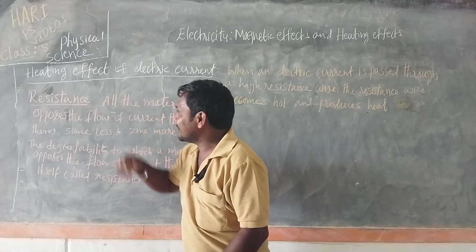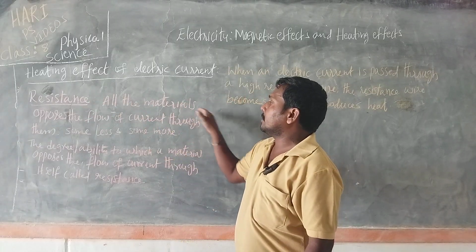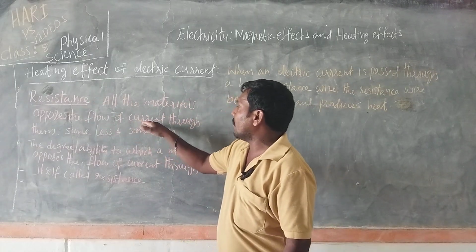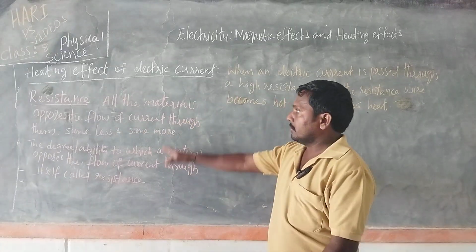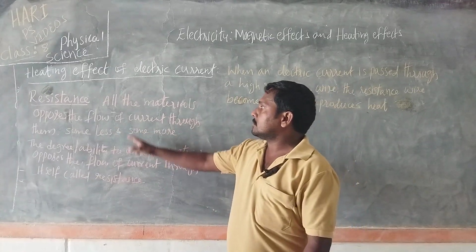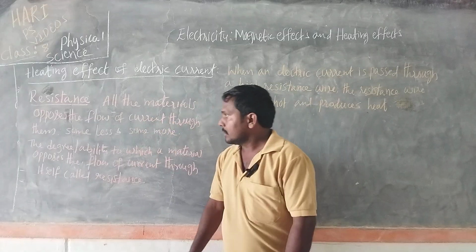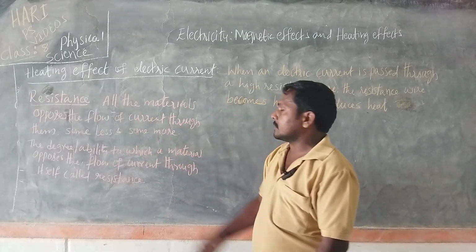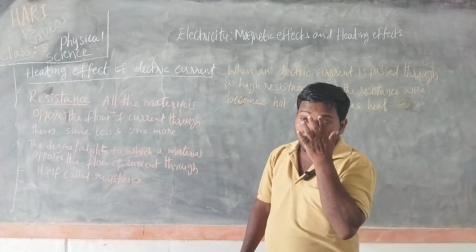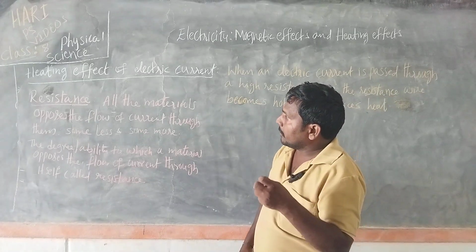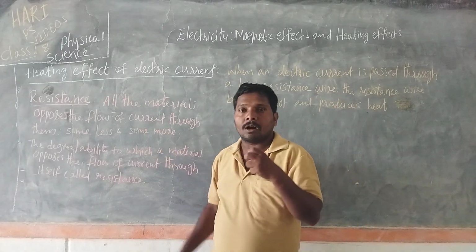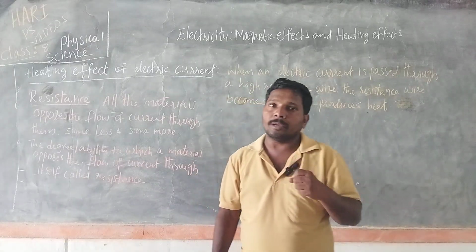Let's see resistance. All the materials oppose the flow of current through them. Some oppose less and some oppose more. Some materials have less ability to oppose the flow of electric current through them.